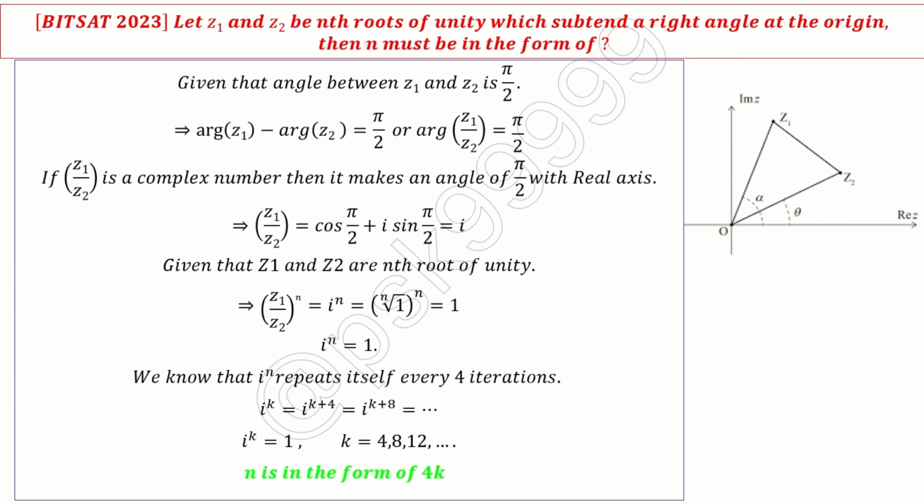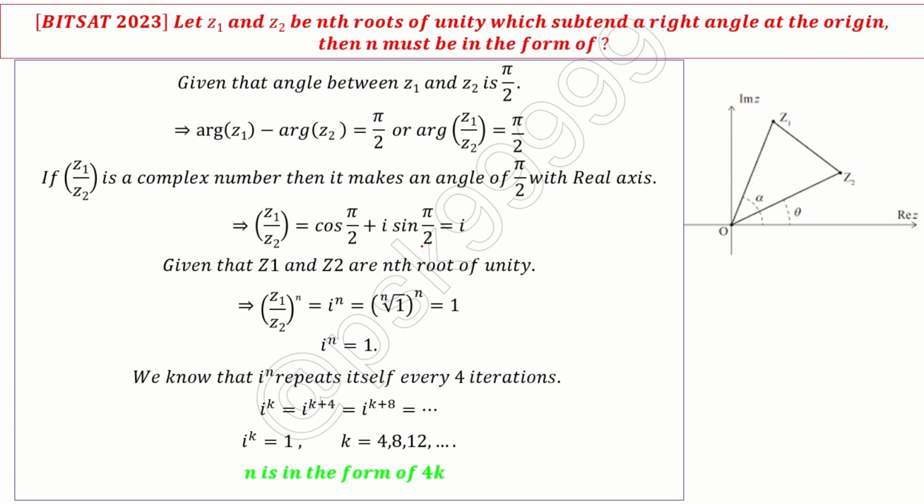Okay, so if Z1 by Z2 is a complex number making an angle of 90 degrees with the x-axis, then the complex number will be cos pi by 2 plus i sin pi by 2. Which means it is nothing but i, because cos pi by 2 is 0, sin pi by 2 is 1. So Z1 by Z2 equal to i.